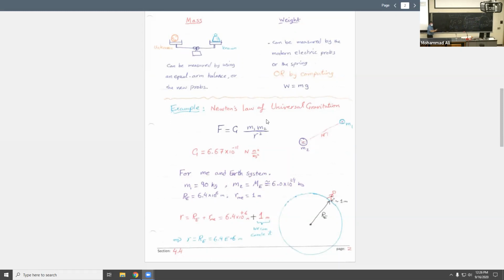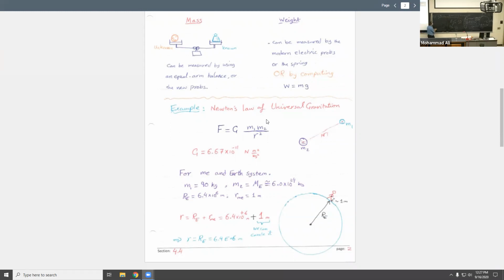I'm talking about Earth. So the force is equal to G capital, M1, which is my mass, M for the planet, which is capital, over R squared, which is equal to mg, which is equal to the weight, which is the force.